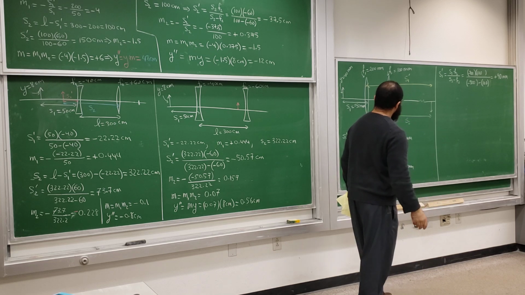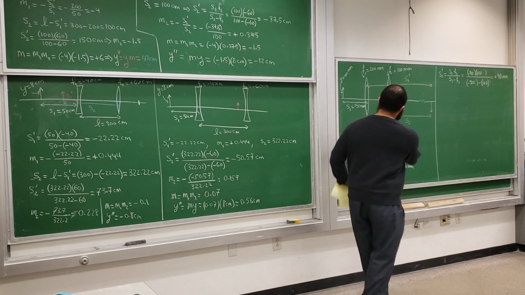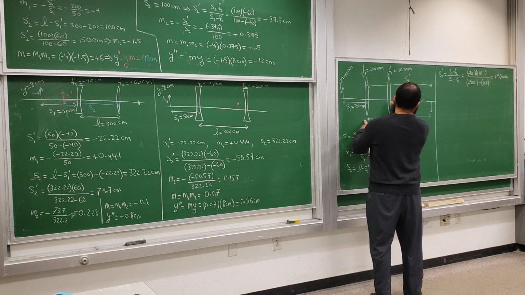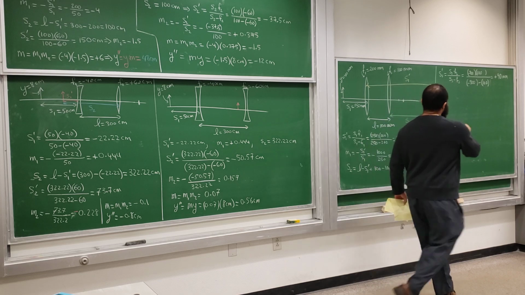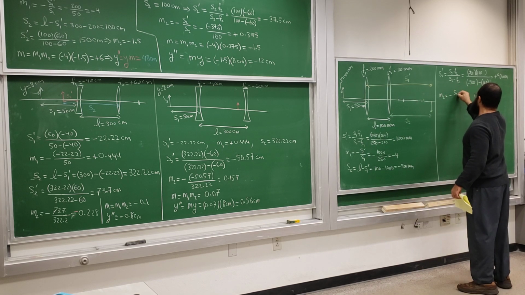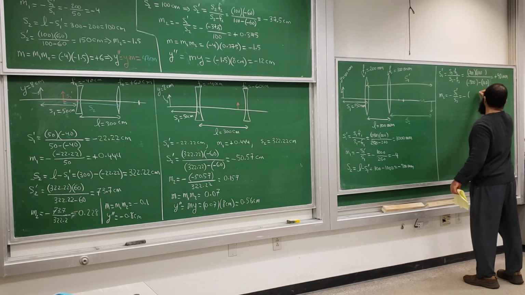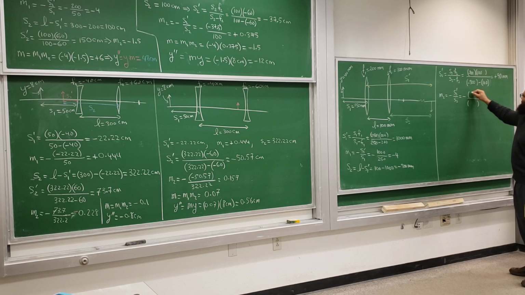And then, its magnification, I don't know. We will need to figure that out. Actually, if this is 100, 90 is going to be somewhere here. Let's figure out the magnification. M2 is going to be minus S2 prime over S2. So that's minus, over, what is S2 prime? 90, right?